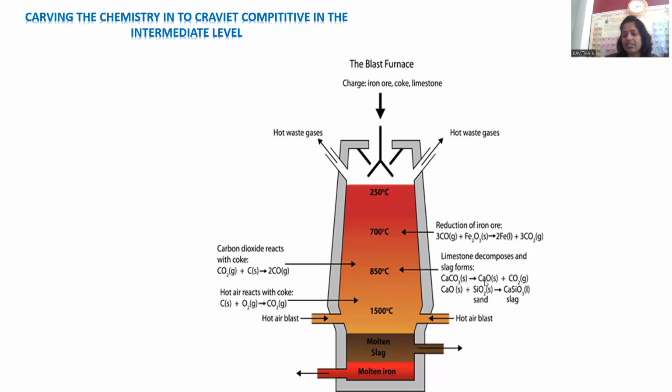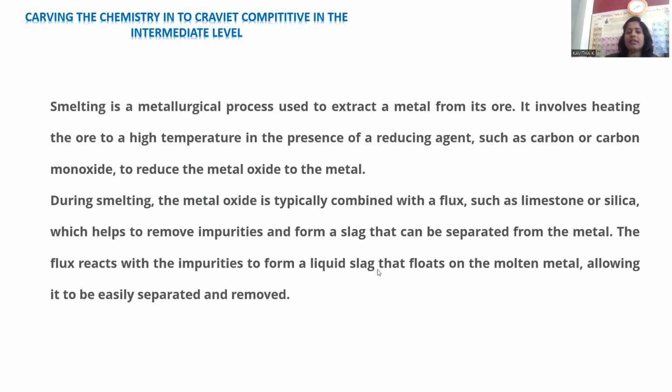Whenever calcium oxide is generated, it can bind with the silica and slag will be formed. That is the impurity present, which is removed from another end. So this is the way we go. Finally, the oxide of the metal is converted into the reduced form, a pure metal. This is the process called smelting. Smelting is commonly applied for converting metal oxides into metal form.